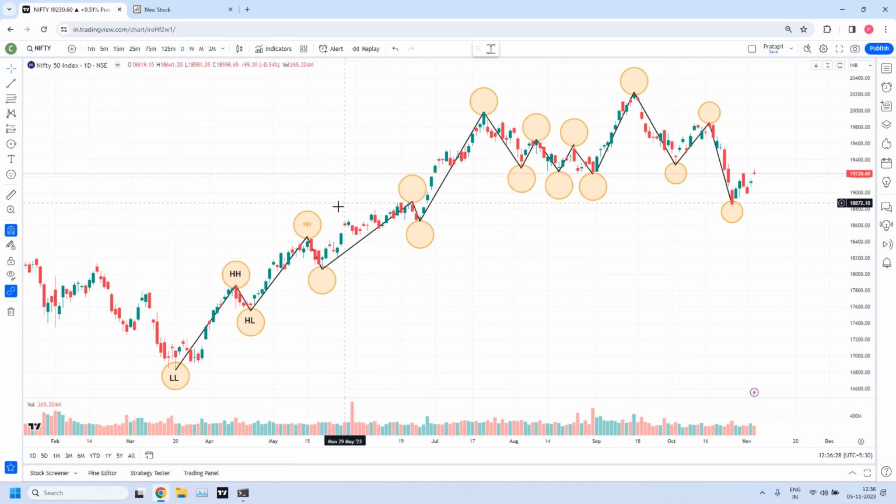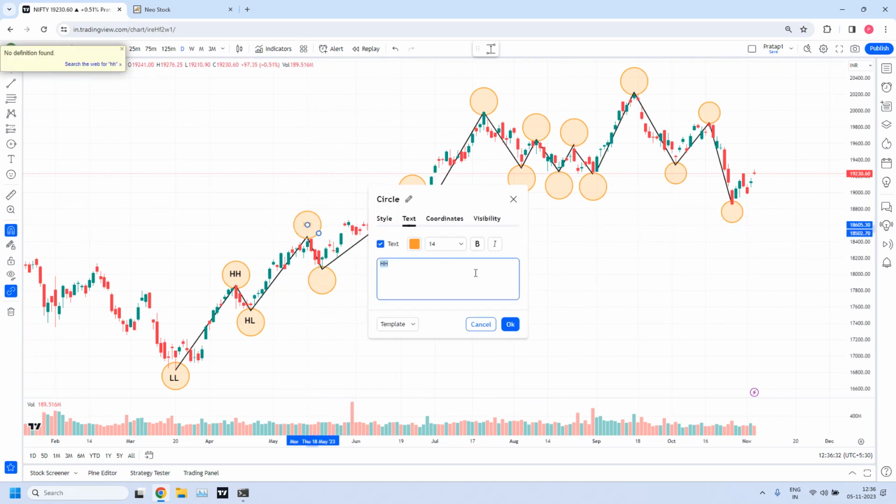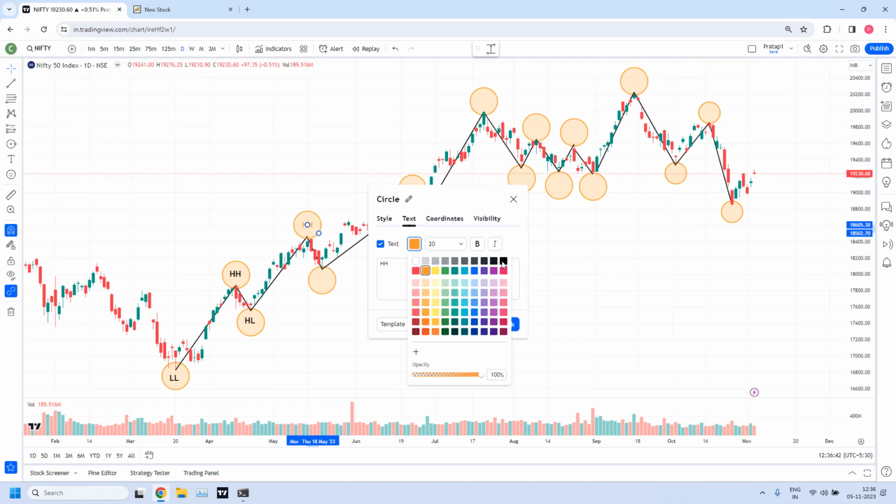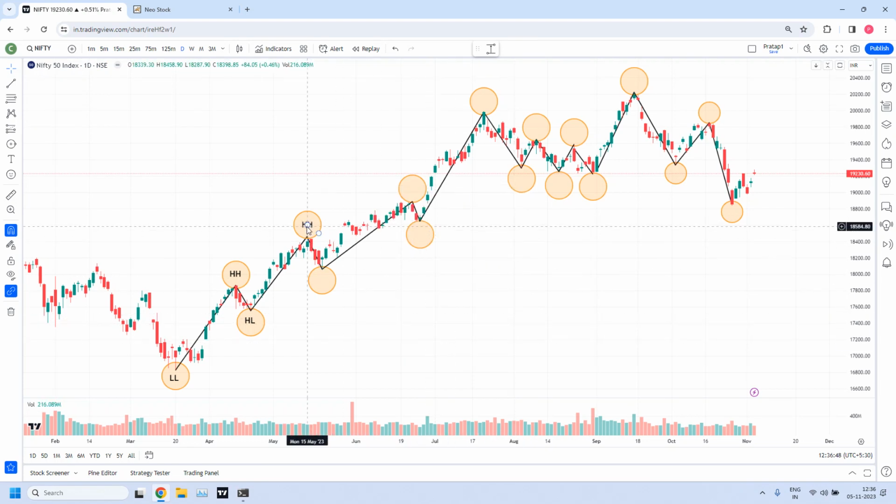Is it visible? And the color of the text is black. Okay. So we have a higher high here.